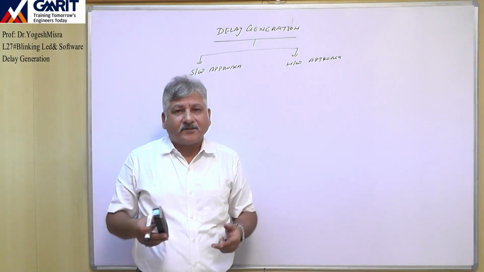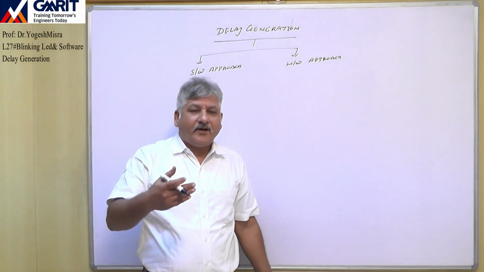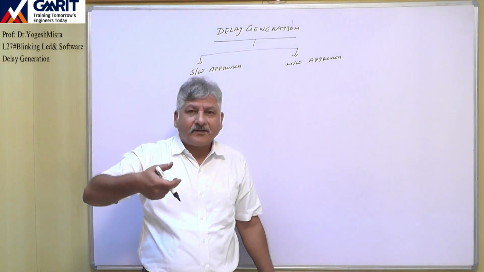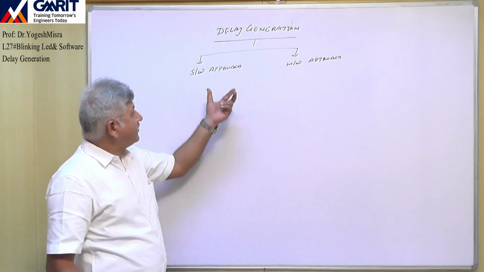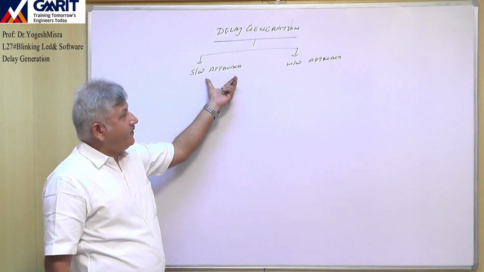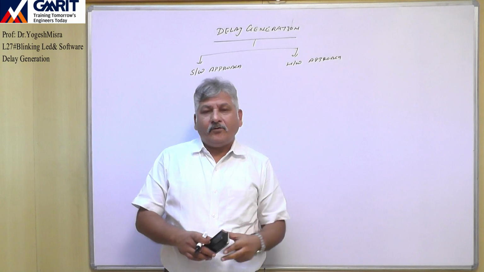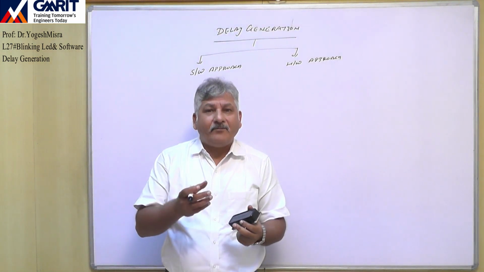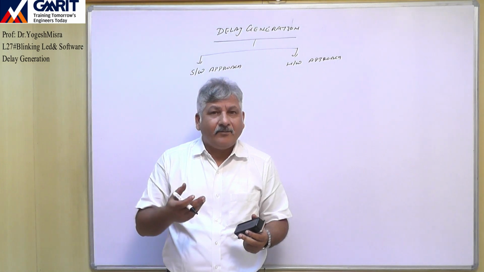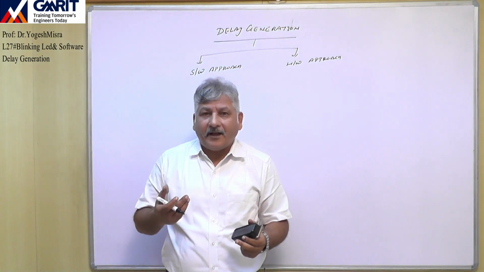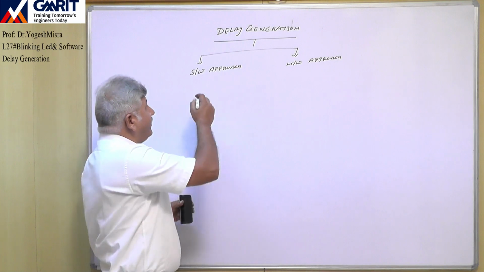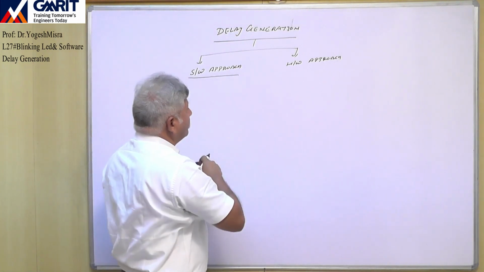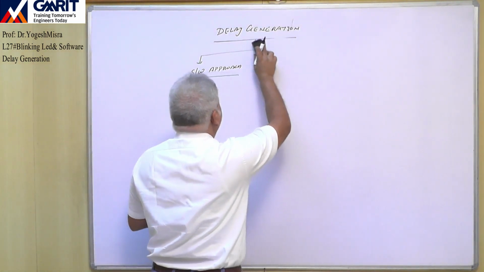Software means instructions. So whatever instructions we are writing, all these are software. In the hardware approach, with the help of some hardware like a timer, we will generate delay. First we will see the software approach to generate delay.